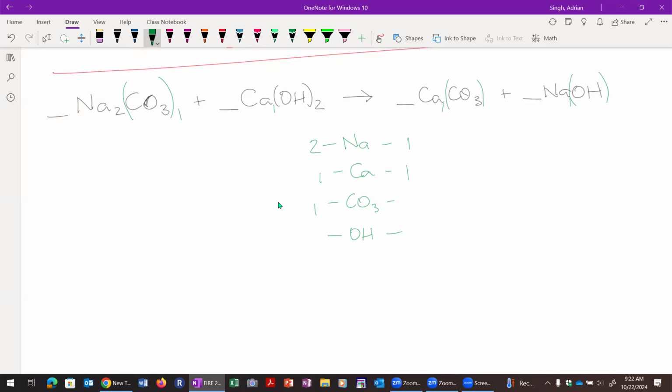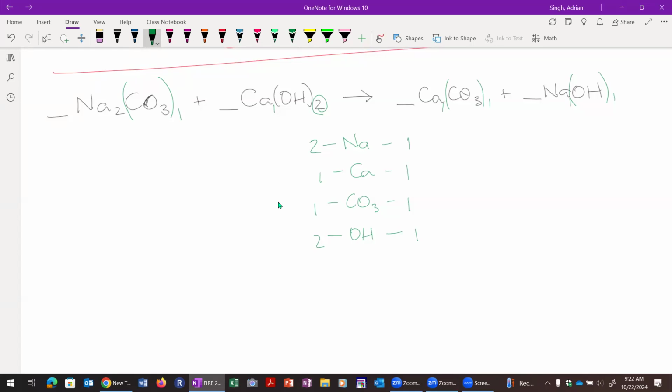So one of it on the left, and I have one of it here on the right side. And then my hydroxides, I have two here on the left, and I have one here on the right side. Okay. This is going to be very helpful as you go through and balance your equations, especially the ones that have polyatomic ions. It's going to make it way more efficient than trying to break it down into individual atoms.